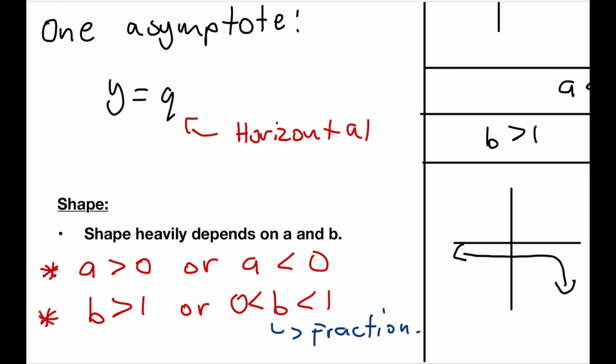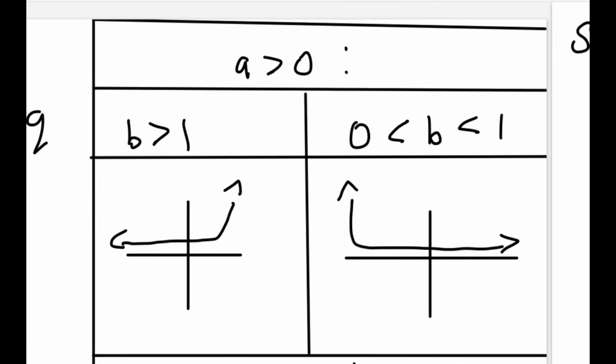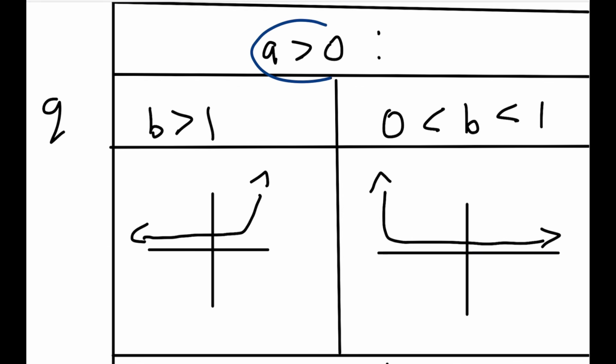It is the different combinations of a and b that determine the shape that your exponential function will take. Here's the cheat sheet. If a is greater than 0 and b is greater than 1, your graph's shape will be like this. Okay?